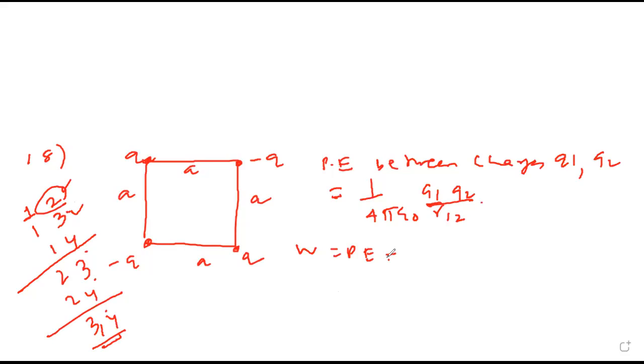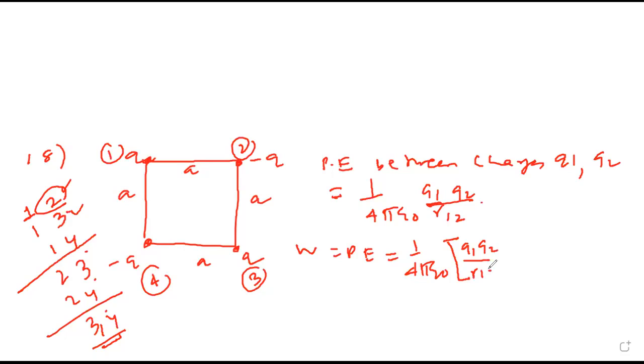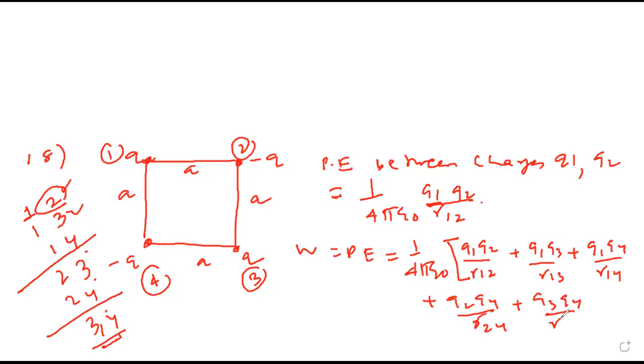So net potential energy is 1 upon 4 pi epsilon naught, which I am taking outside. Now if this is first charge, second charge, third charge, fourth charge, as per our formula, it is Q1 Q2 upon distance between 1 and 2, plus Q1 Q3 upon distance between 1 and 3, plus Q1 Q4 upon distance between 1 and 4, plus Q2 Q4 upon distance between 2 and 4, plus Q3 Q4 upon distance between 3 and 4.